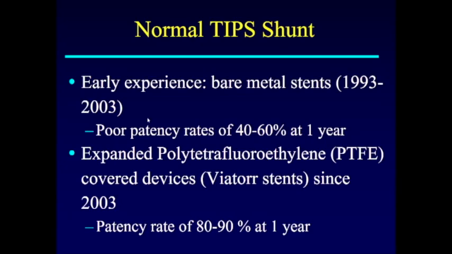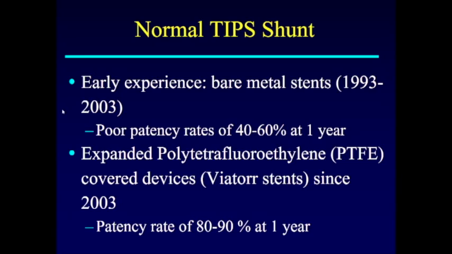So let's look at a normal TIPS shunt. The early experience started in the early 90s, that 1 decade between 1993 and 2003. The shunts that were used were bare metallic shunts. They were a great success, but they only had a patency rate of about 40 to 60% at 1 year.